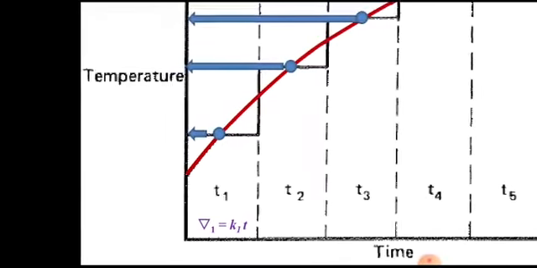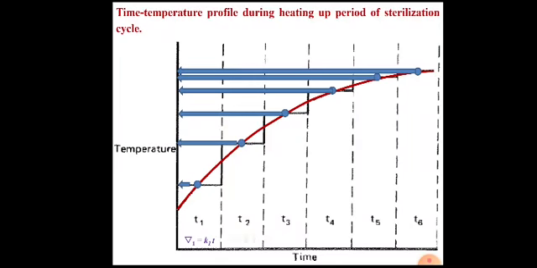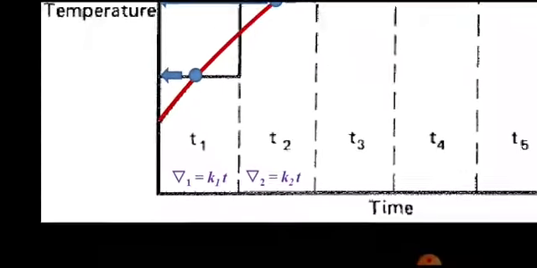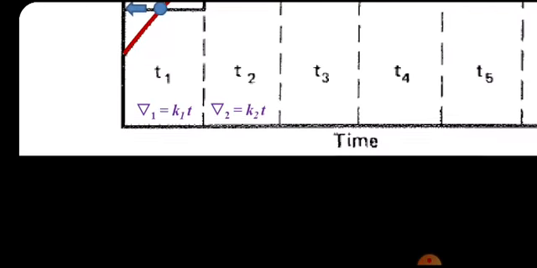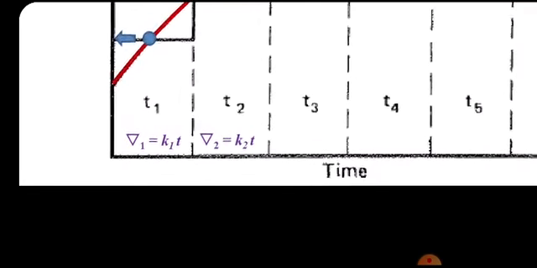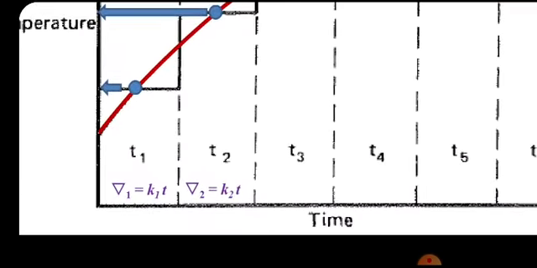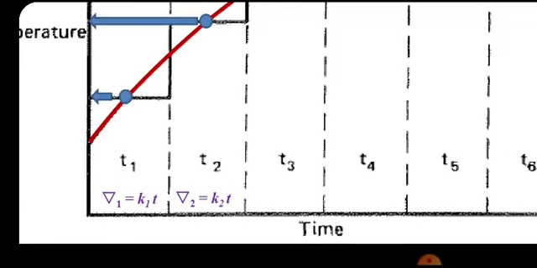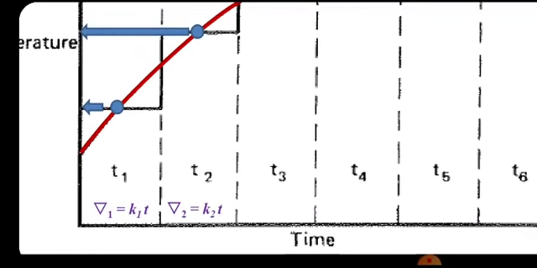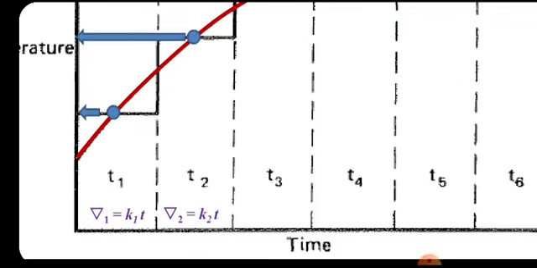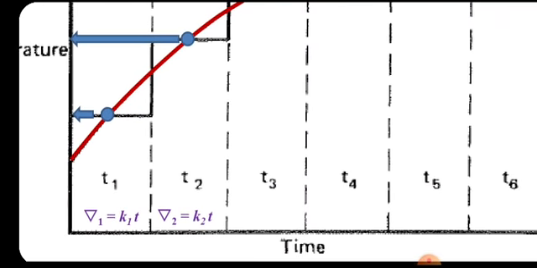Likewise, you can calculate it for T2. What will be that? Del 2 equals K2 into t. In this case, the time intervals are the same, so the value of t will be the same. Only there will be different values of K.